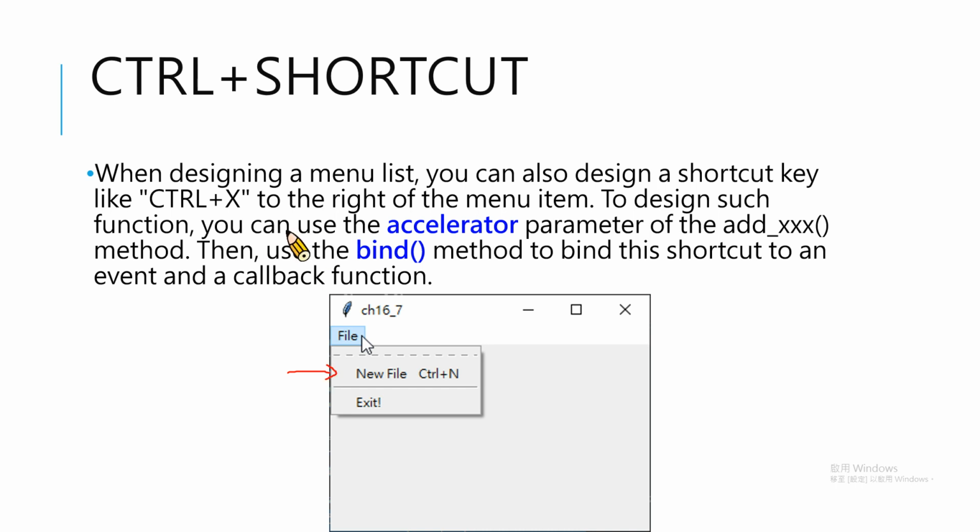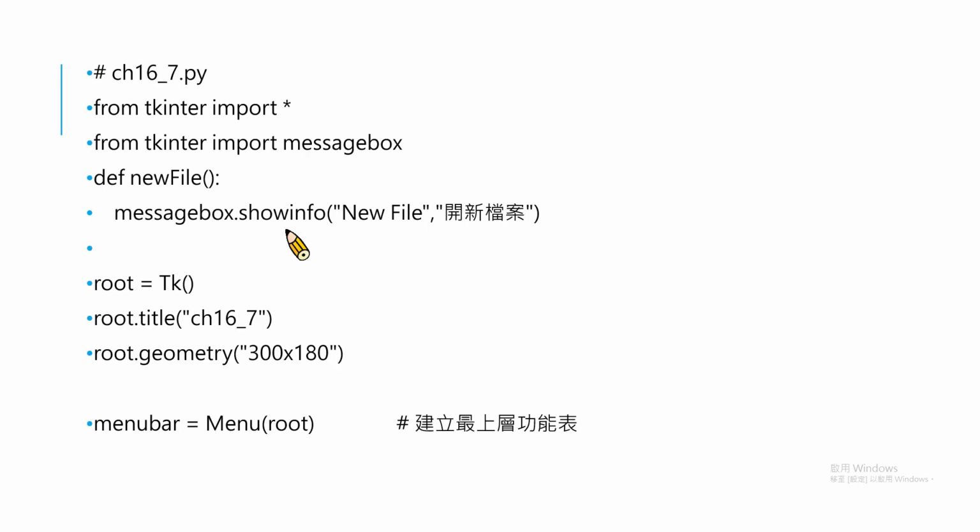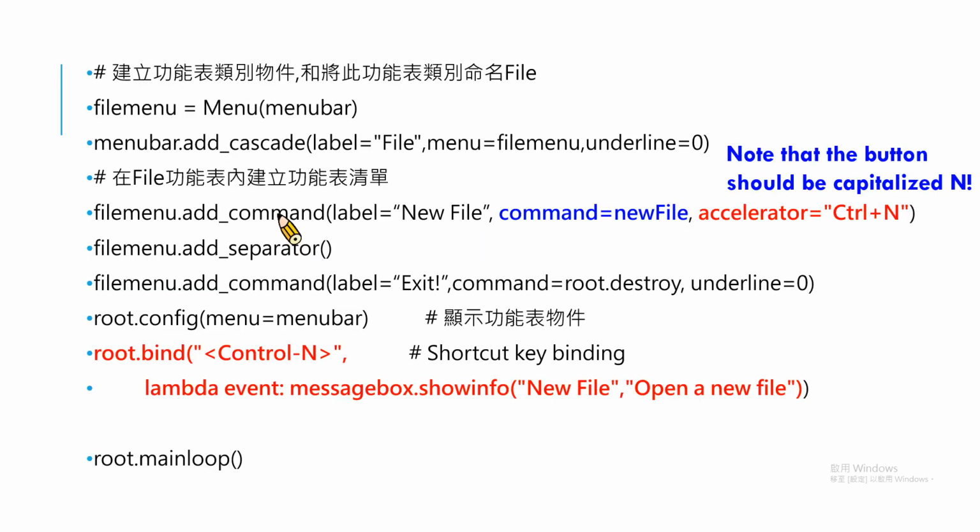First, we need to use the accelerator parameter when we create the menu item, and then we need to bind the control shortcut key event with the event handler function.